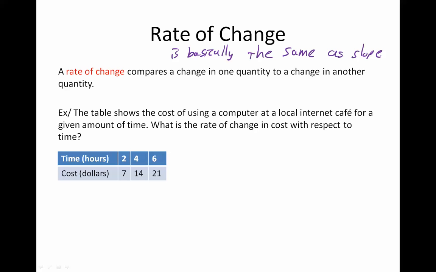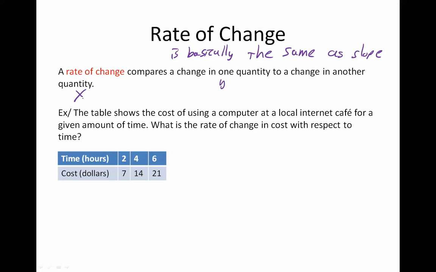A rate of change compares a change in one quantity to a change in another quantity, right? You should read this as a change in y versus a change in x. The only reason why we're saying one quantity versus another quantity is that in context, it's sometimes better to say rate of change because that gives us a sort of contextual example.